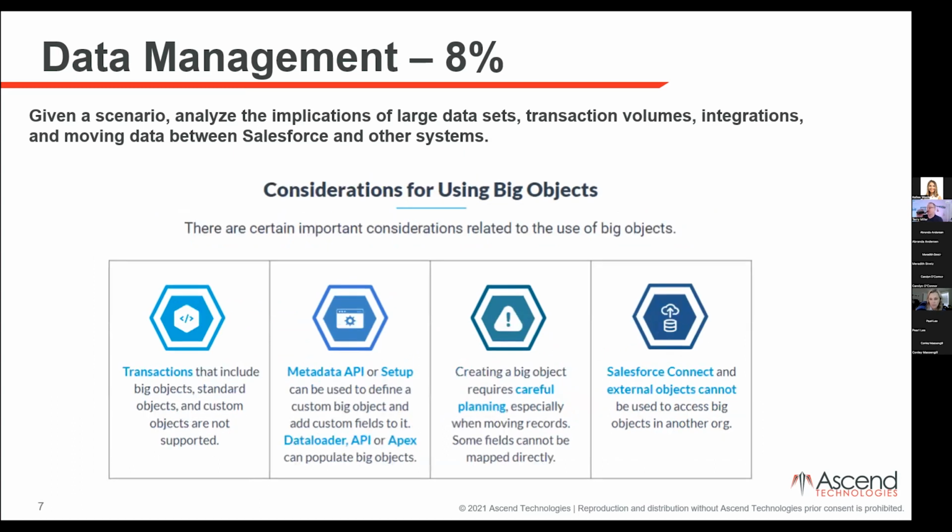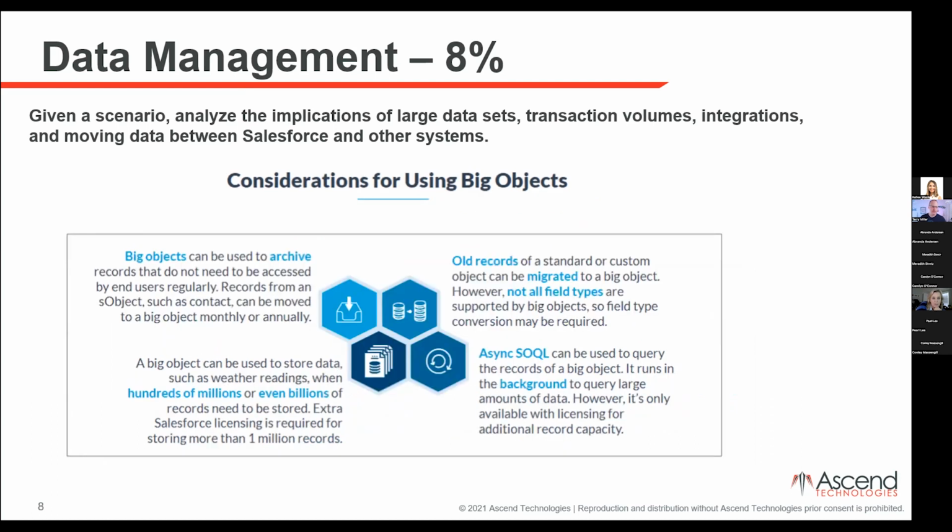I don't think we need to go through this, I was just trying to get you guys some reference material as well. There were a couple slides on considerations for using it. Like you just mentioned, Meredith, the first one can be used to archive records that don't need to be accessed by end users regularly, so it might be old records.